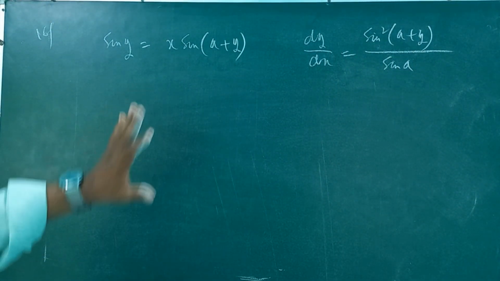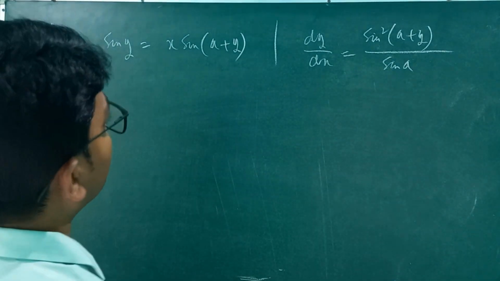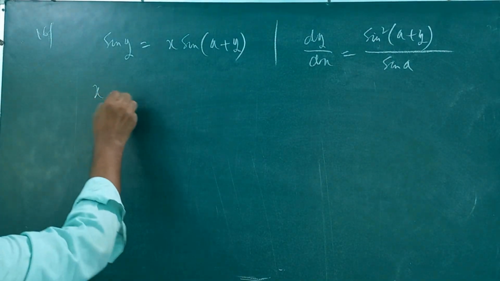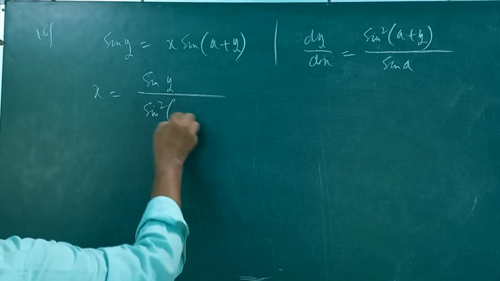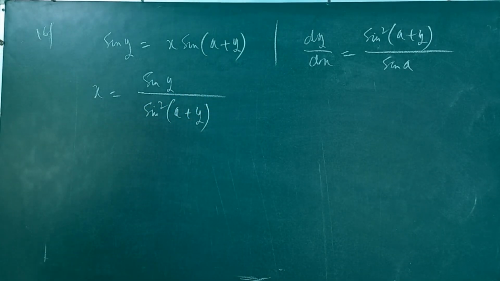How can we calculate its derivative? Here we write it this way: x equals sin y by sin(a plus y).